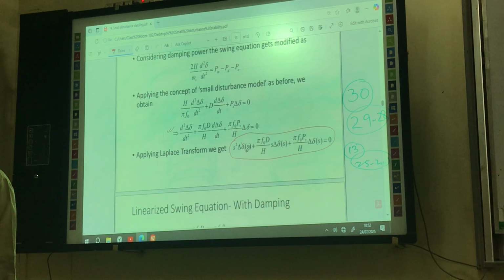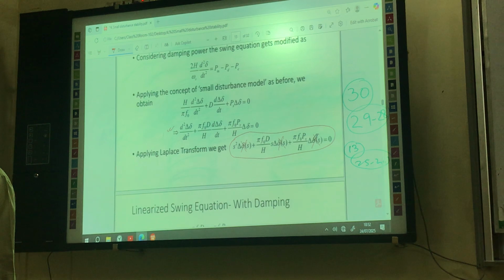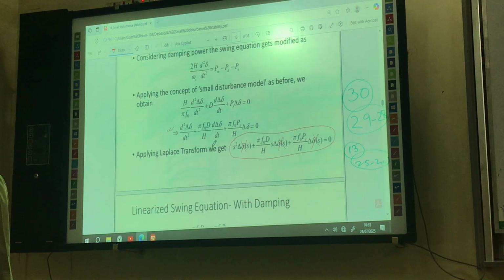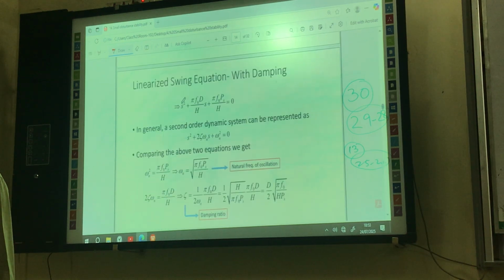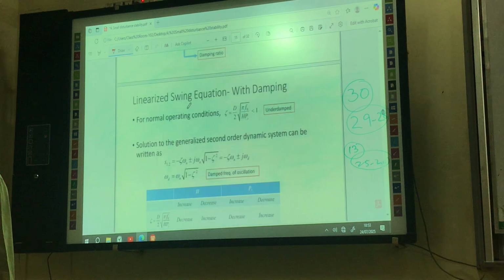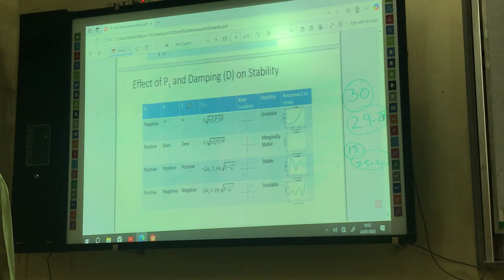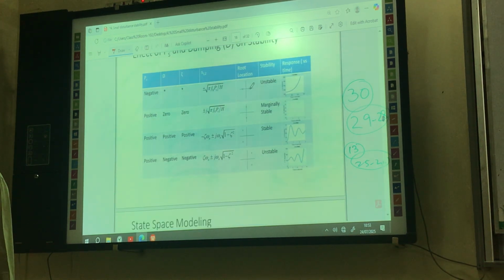We divided by delta of s from both sides, that's why this term vanished. Then we found the solutions of s, the roots. Then we placed those roots on the s plane, and depending on the root location, we commented on the stability status of the system. That was our target.